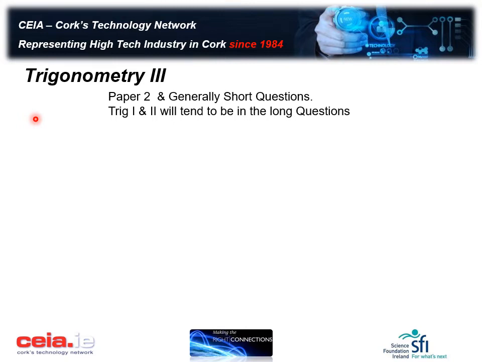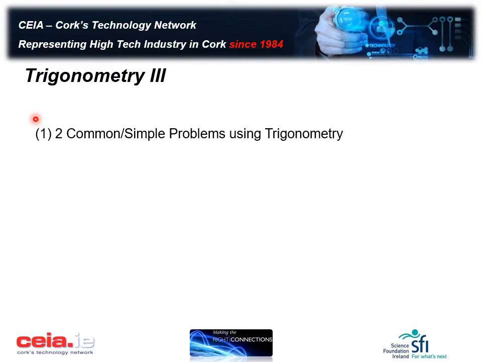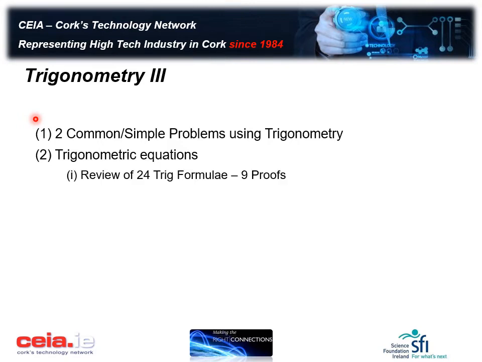So there's quite a few topics to cover under trigonometry 3. They include 2 common simple problems that seem to come up again and again in the short questions for trigonometry, and I think it's worth covering both of those just in case they come up again. And then we're on to a wider topic of trigonometric equations, and there are a number of parts to this.